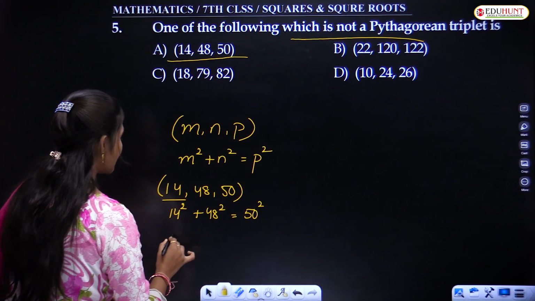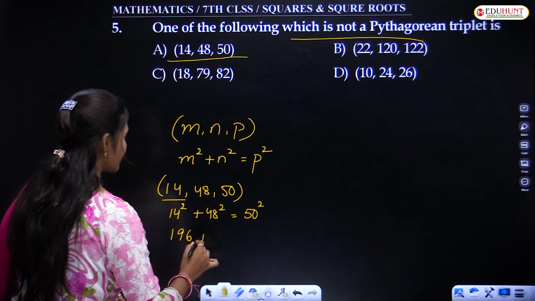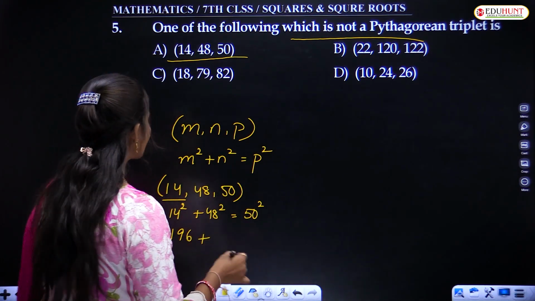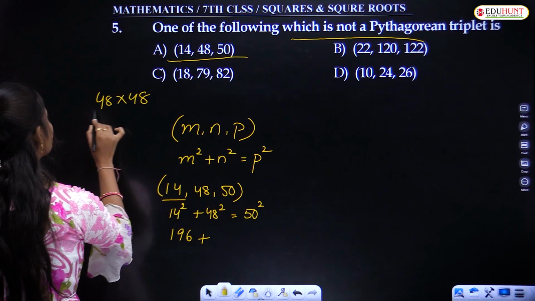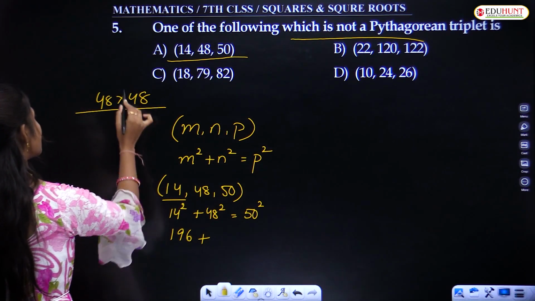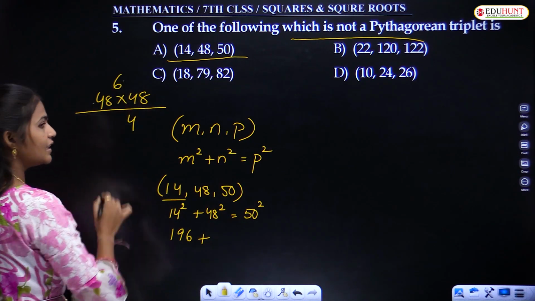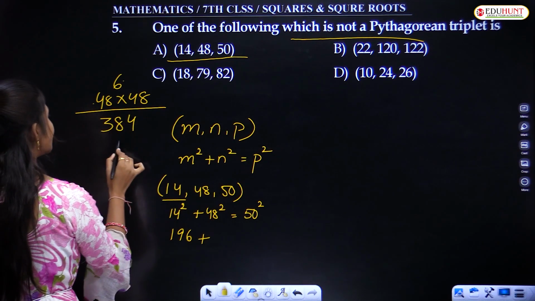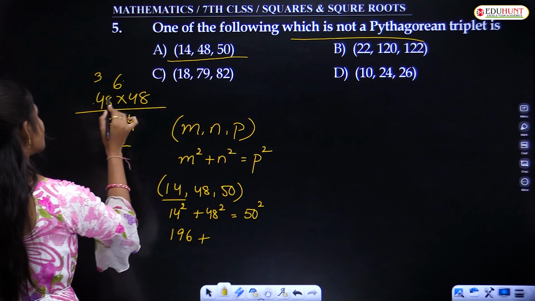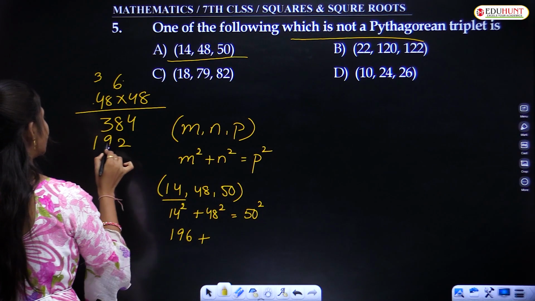So 14 square is 196 plus 48 square. 48 square is equal to how much? Just do the multiplication, 48 into 48. 8 8s are 64. Next 8 4s are 32, 32 plus 6 is 38. Next 4 8s are 32, 4 4s are 16 plus 3 is 19.